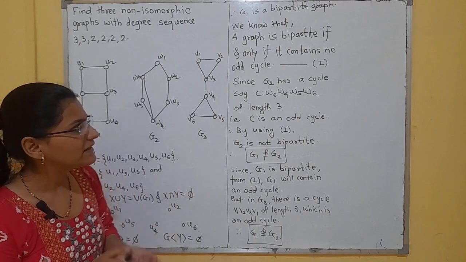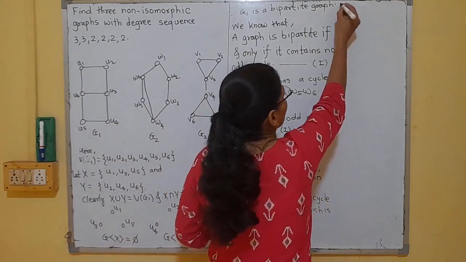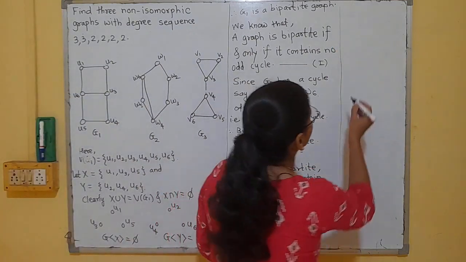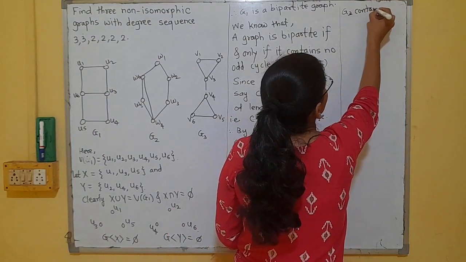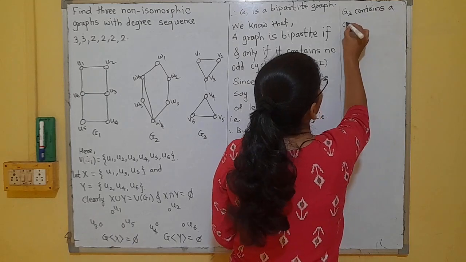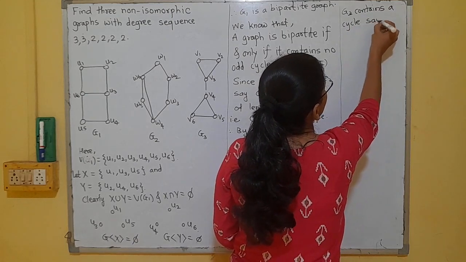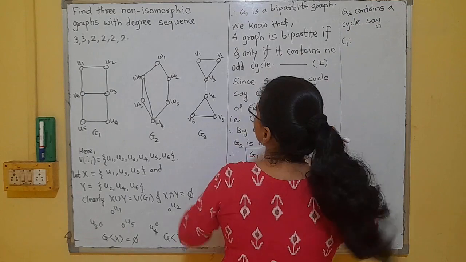So, I am writing here: G2 contains a cycle, say C1. Which cycle?